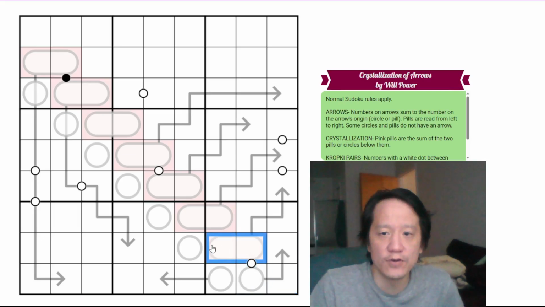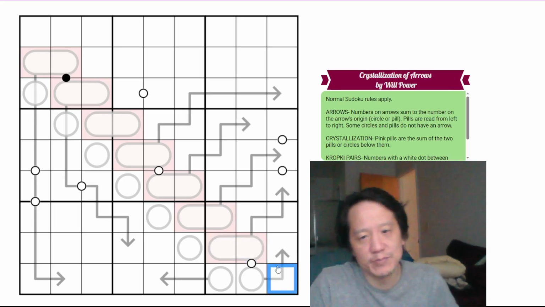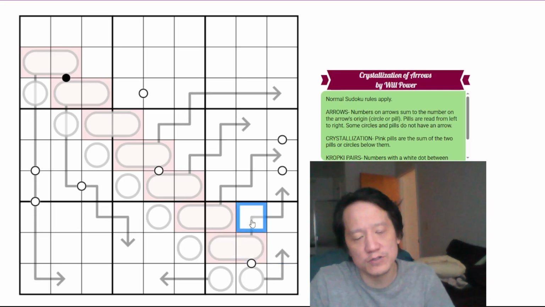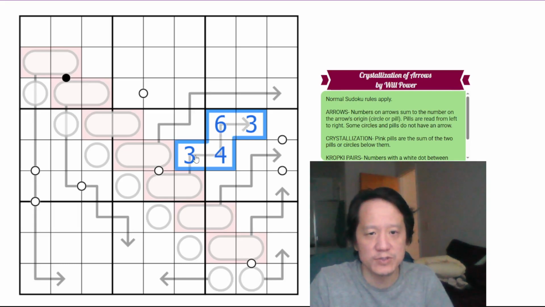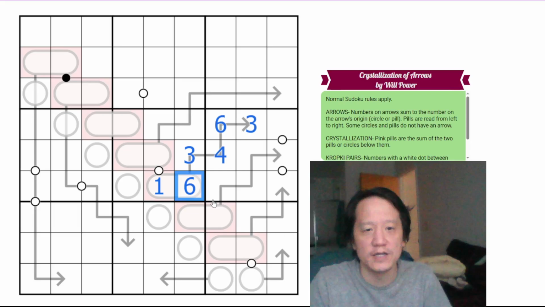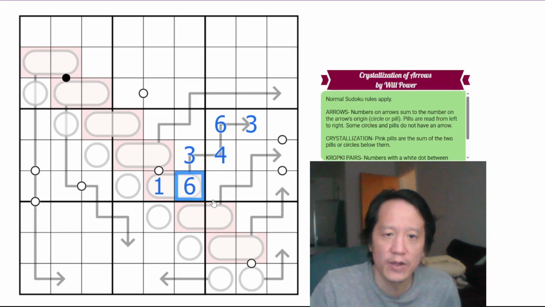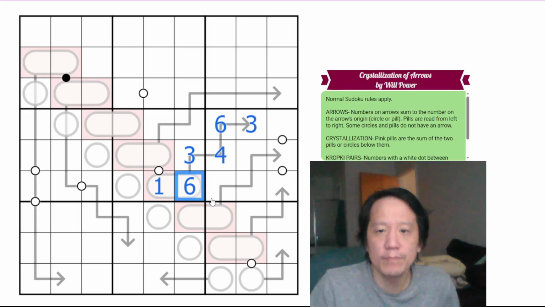Pills are read from left to right, and some circles and pills do not have arrows. As an example, if this were, say, 3, 4, 6, and 3, this would have to add up to 16. So this would have to be 1 and 6 if that were the case. And that's how arrows work.